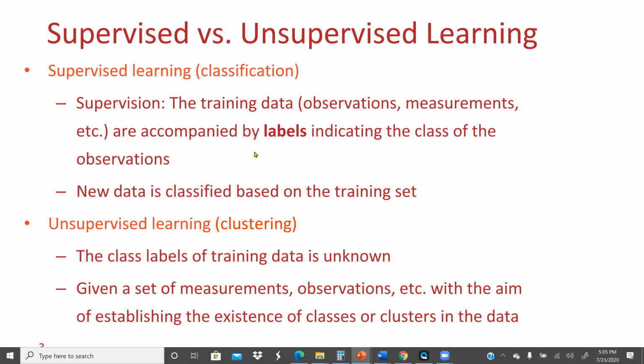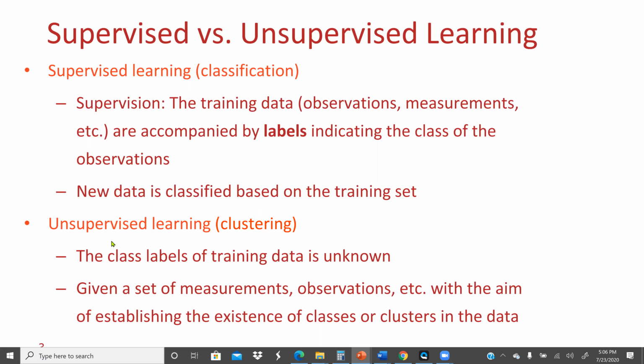So if we have a data set about patients that have obesity, then we may have the label as yes or no: does the patient have obesity, yes or no. Also, we may have new data that is classified based on the training set. So again, this is classification.